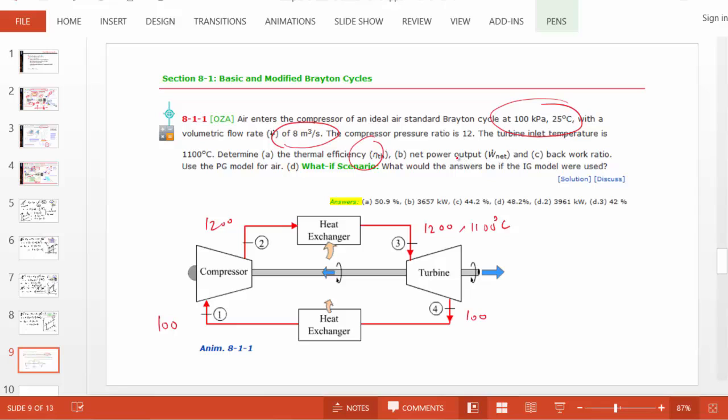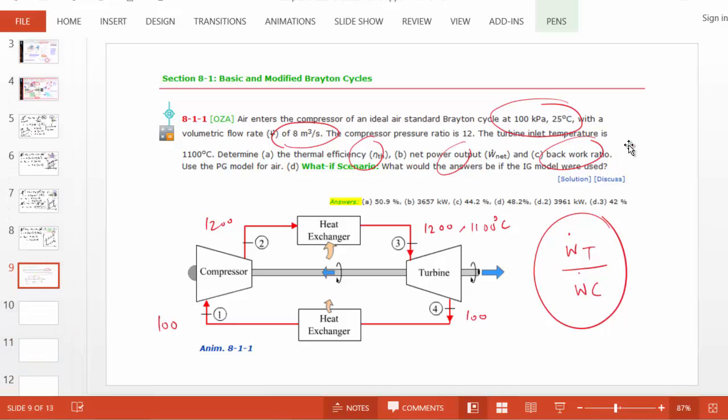Net power output would be W dot T minus W dot C, and the back work ratio is essentially the turbine power divided by the compressor power. I hope you can study the book for some of the definitions that I haven't covered in the lecture. You can go back to the book and read up about that.